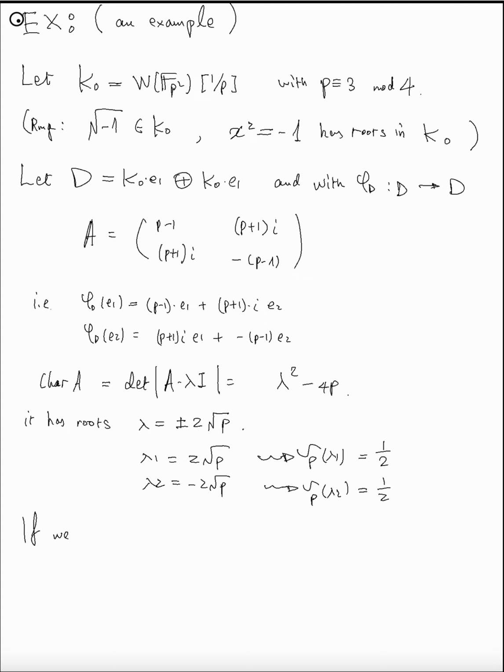If we make this change, let's say E1 prime, we let it be E1 plus i E2. E2 prime, let it be i E1 plus E2.